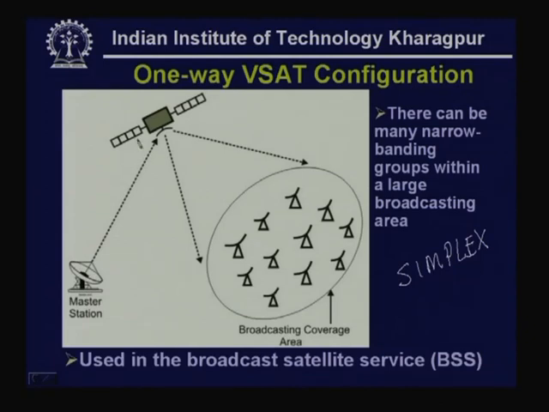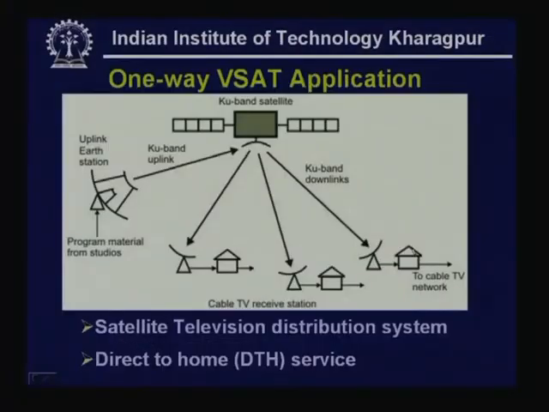The satellite here just acts as a relay in the sky, and it is used for broadcast satellite service. Whenever something has to be broadcast, this type of simplex communication can be used. For example, as we shall see, the satellite television distribution system uses this type of one way communication.